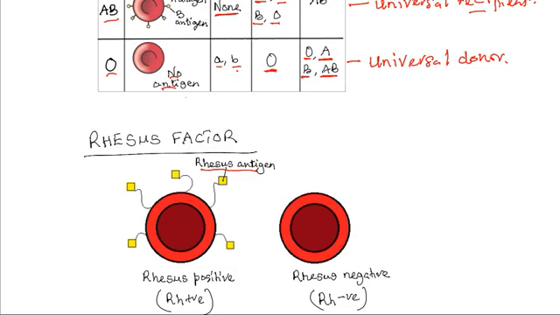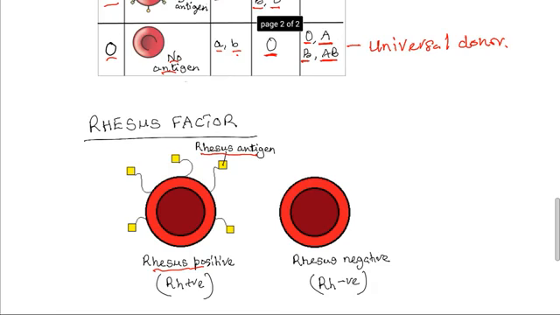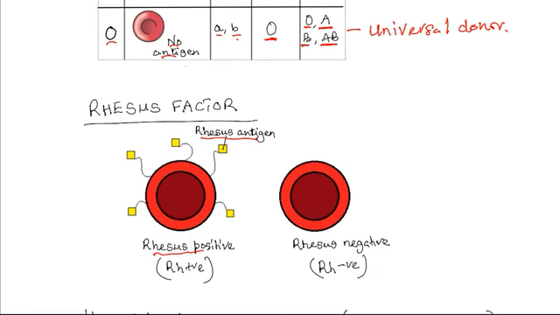Individuals with the Rhesus antigen on the membrane of the red blood cells are said to be Rhesus positive, while those individuals whose red blood cells lack the Rhesus antigen are said to be Rhesus negative.